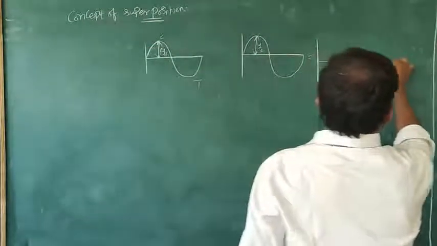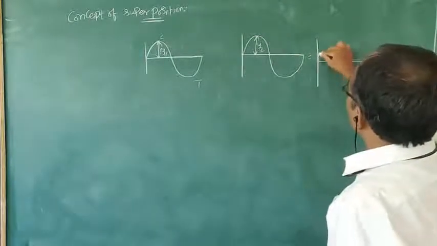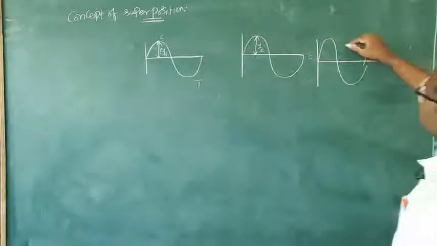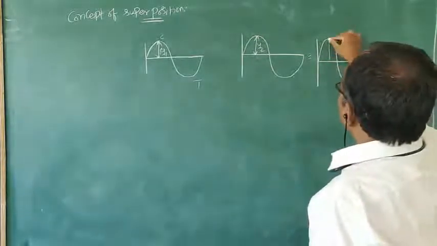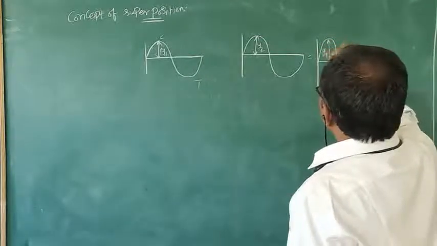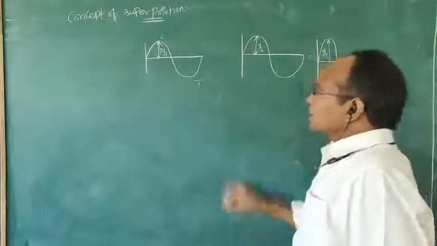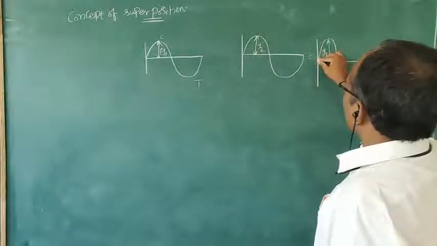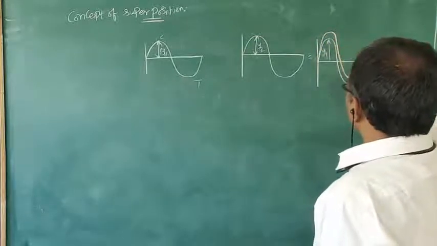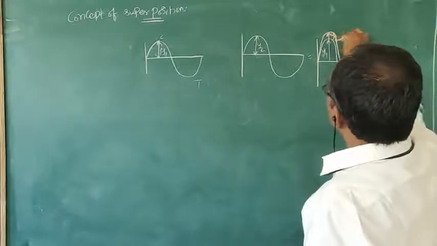How to draw this diagram? How to draw the figure? So this is the crest. This is nothing but Y1. Okay. In the similar way, again I am drawing the wave like this. This is nothing but Y2.